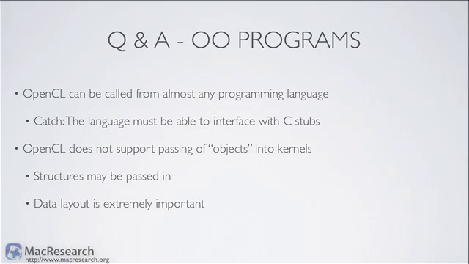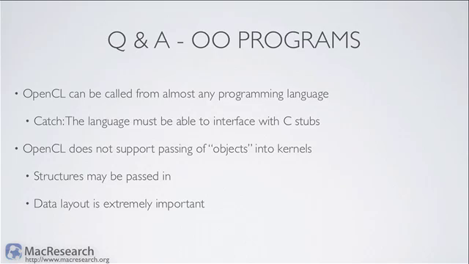The next question that was asked was in regard to object-oriented programming. OpenCL is derived solely from the C language, so the concept of object orientation does not exist in the language itself. What that means primarily is that you cannot pass complex objects into OpenCL kernels. You can certainly copy memory blocks in there, but they're not going to behave the way you'd want.